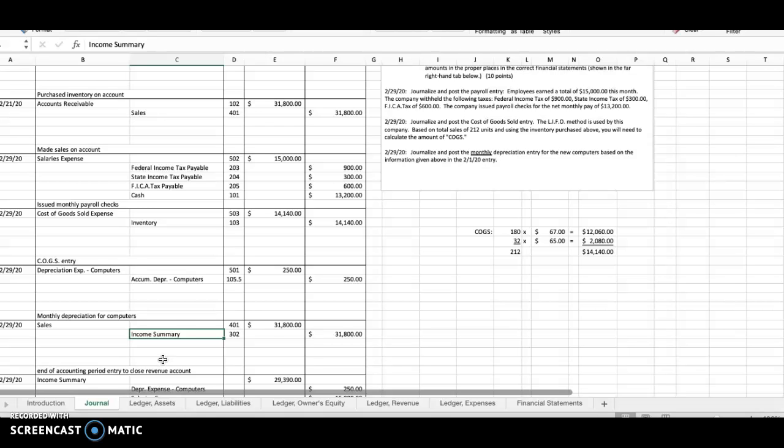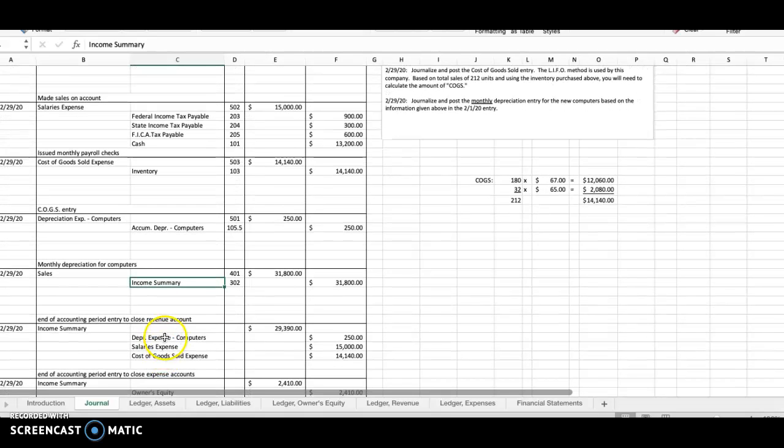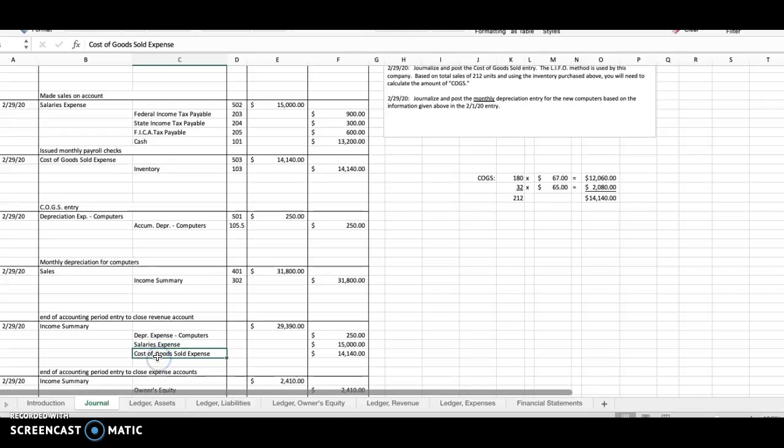The next closing entry is to close 3 expense accounts. Now, this company just has 3. There could be any number of expense accounts, could be 5, 10, or more, but this has only 3. So we need to close them. All expense accounts have a debit balance right now, and let's start with the 3 credits. Let's look at our expense accounts. In order to close depreciation expense for computers, we need to credit $250.